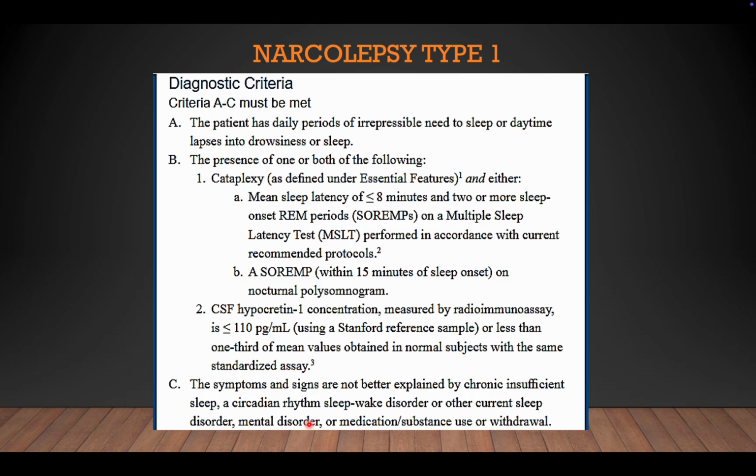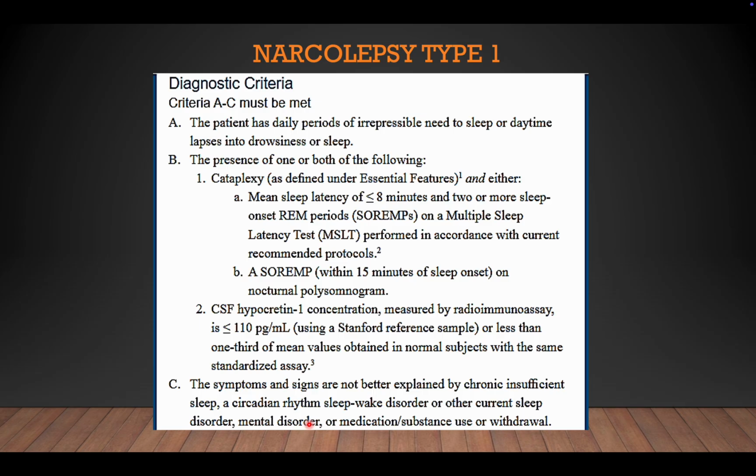Plus, the patient may have cataplexy, which is loss of muscle tone with emotions, most of the time positive emotions like laughter, happiness, joy, and sometimes anger. If the patient feels loss of muscle tone, it is called cataplexy.